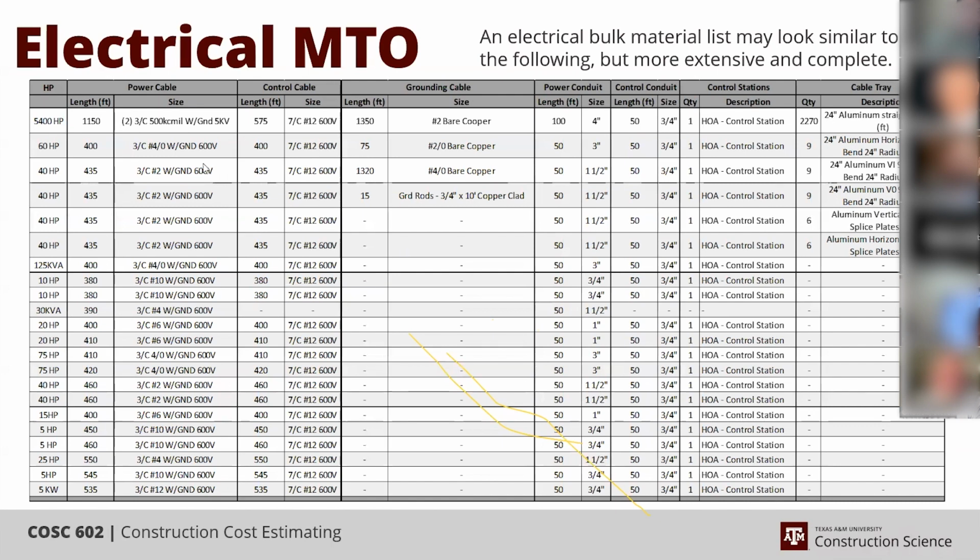But if you go back here and you're looking at your bulk material list, the power cable is what's going to be either bridging the power to the MCC from the PDC or from the MCC to your motors. So that's what this power cable is representing. It may also represent your lighting cable because it's power. It's not control, but it's going to be small. Your 3 conductor 12 gauge down here.